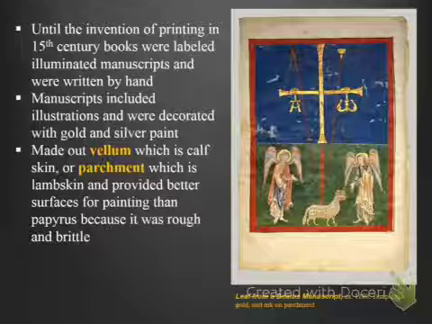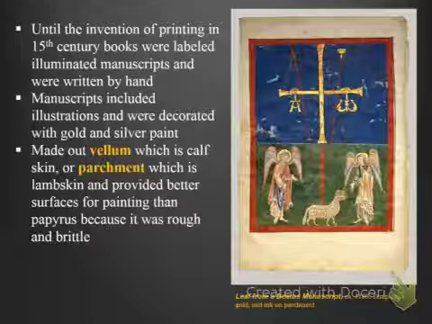So at this time, all manuscripts would have included images. They would have included the illustration, and they would also have included the text. Typically, the images would have been below the text. And these were made of vellum. If you did your homework, you know that vellum is calf skin, or they were made of parchment, which is made of lamb skin.